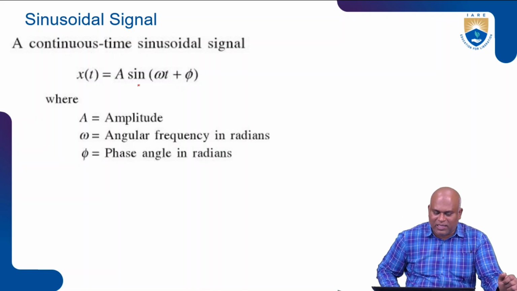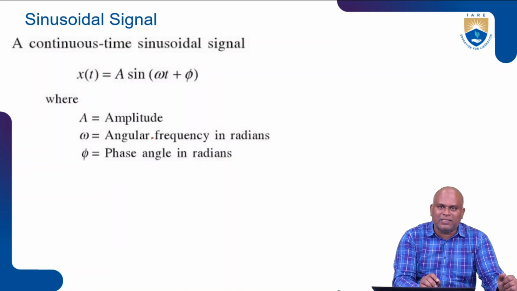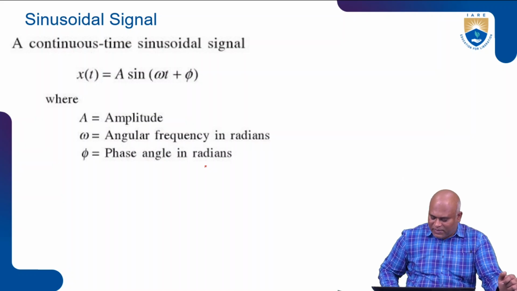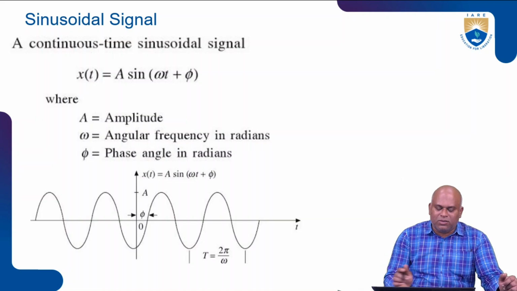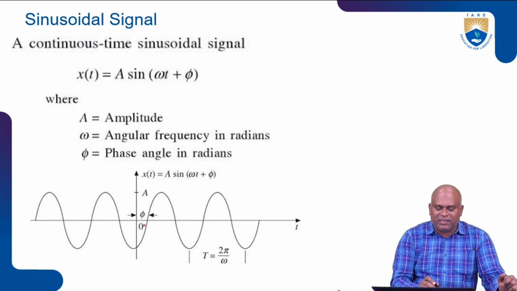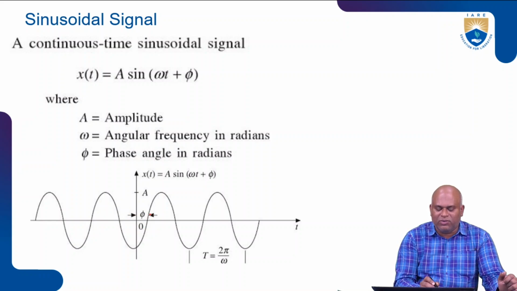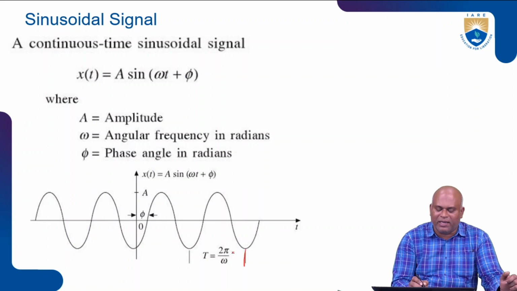A is the amplitude, ω is the angular frequency in radians, and φ is the phase angle in radians. So φ is the angle between this zero and changes in the frequency. ω gives our complete one period.